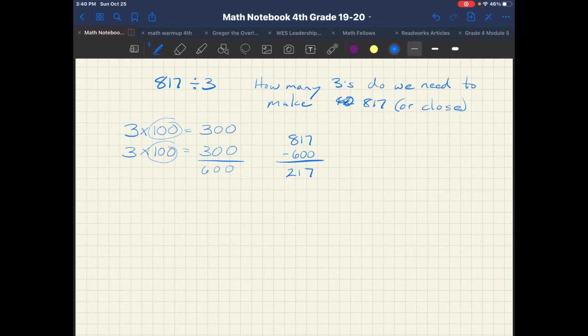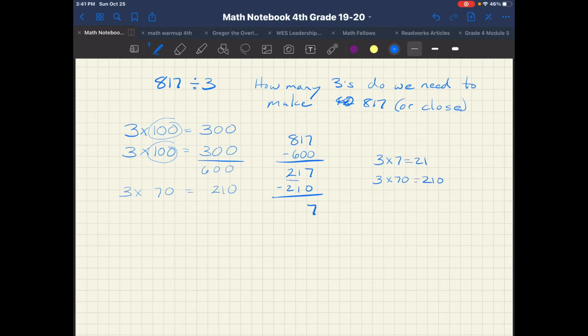If I just look at this 21 part, I do know that 3 times 7 is 21, which means 3 times 70 is 210. That's really close. I'm going to take away that 210. I only have 7 left.